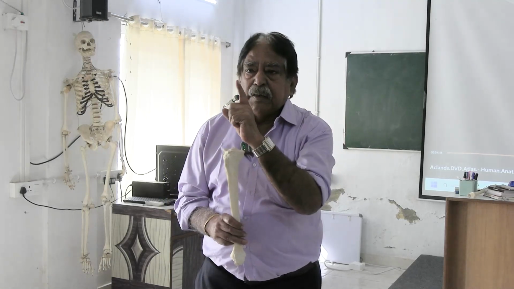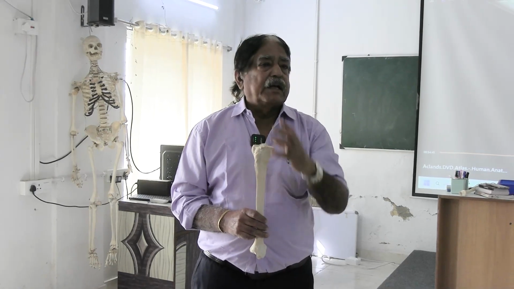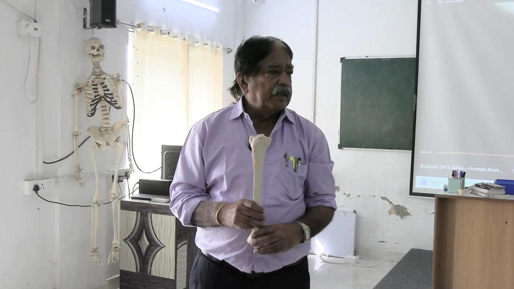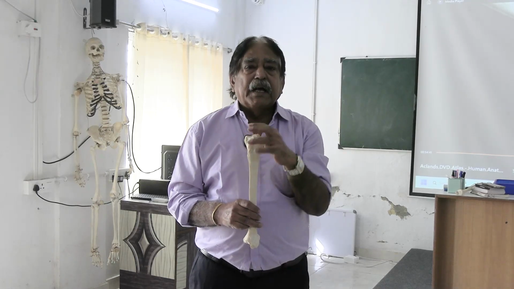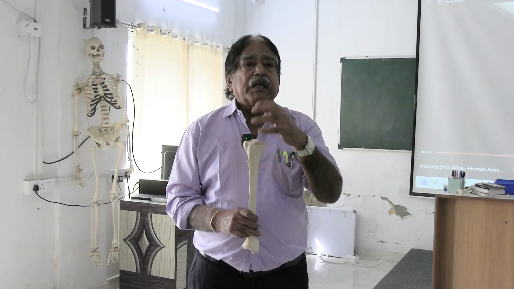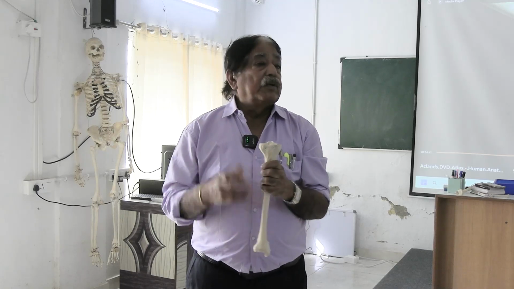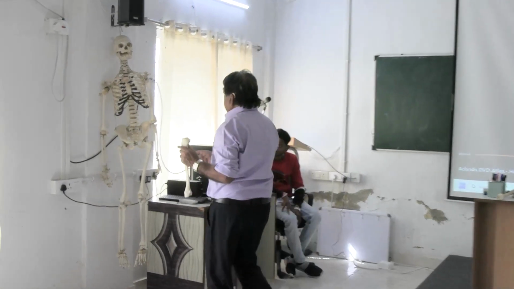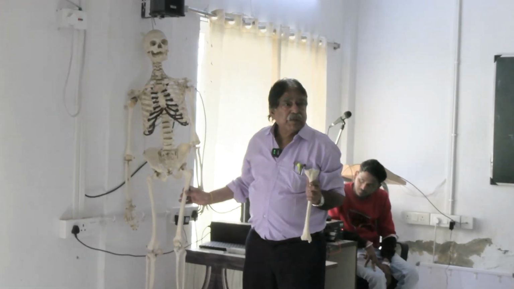Just one common description: the long bone has an upper end and a lower end, and it has a shaft. The middle portion is known as the shaft. The upper end you then describe. The femur is also a long bone.